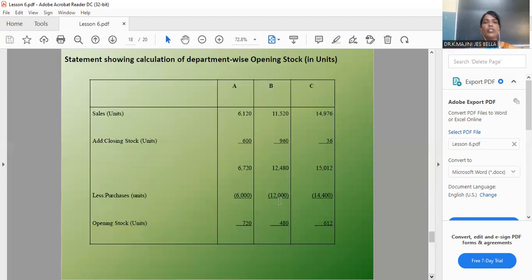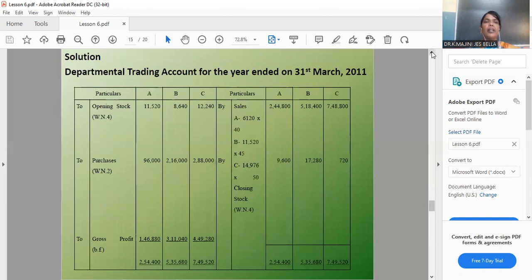Just subtract it. How much is the balance? For Department A, opening stock 720 units. Department B, opening stock 480 units. Department C, opening stock 612 units. We can write here.